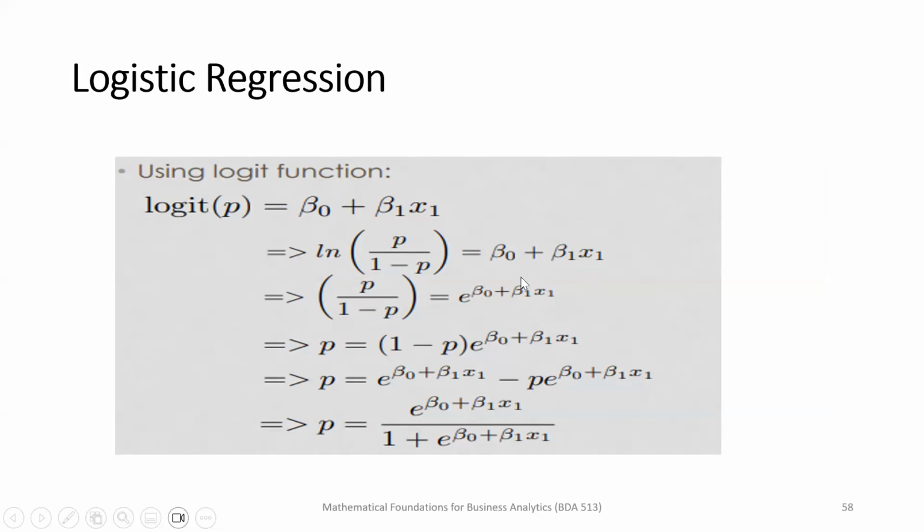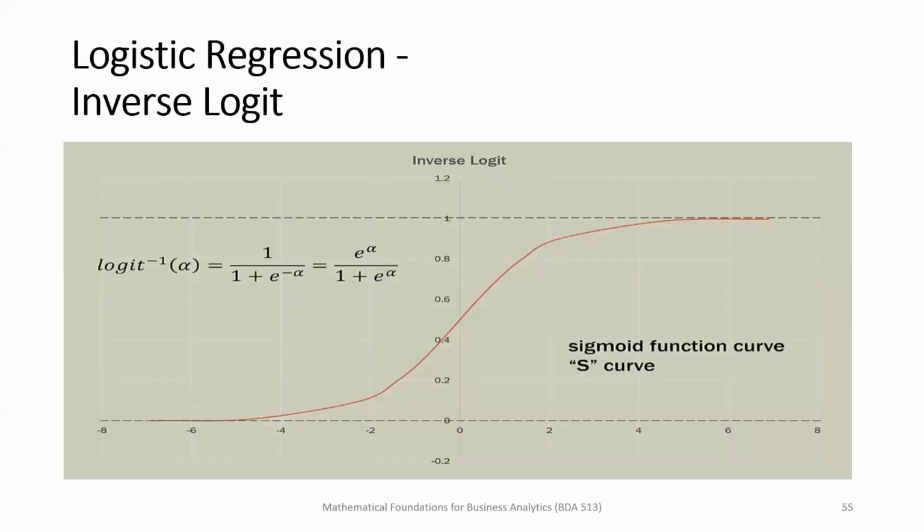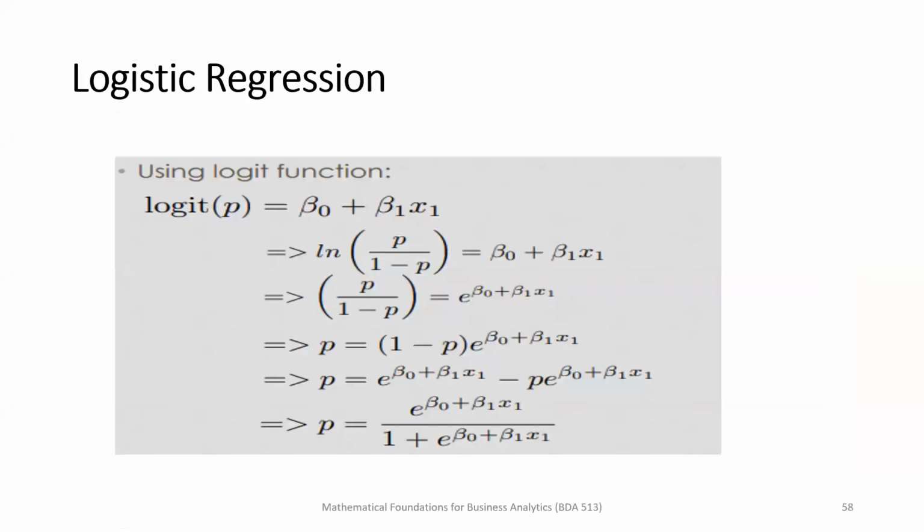The alpha that we have here, the alpha that is on top of the Euler, is actually a regression equation. So it's Euler raised to the power of the regression equation over 1 plus Euler raised to the power of the regression equation. All that you need to do is to calculate the regression equation, and then you put it into the Euler.